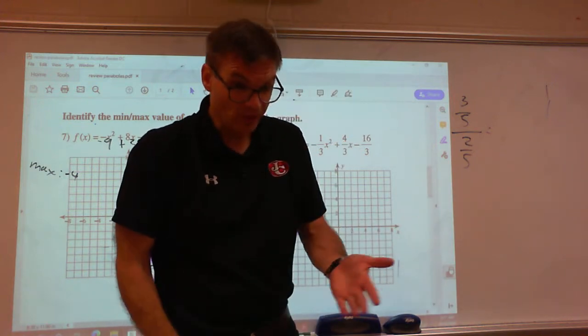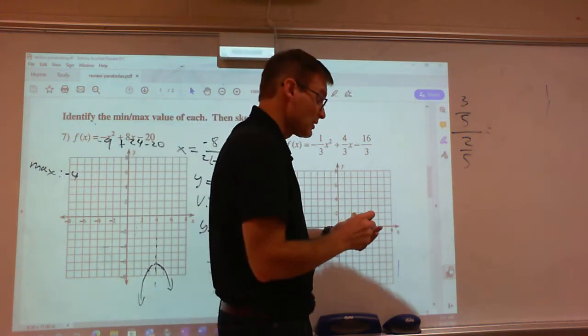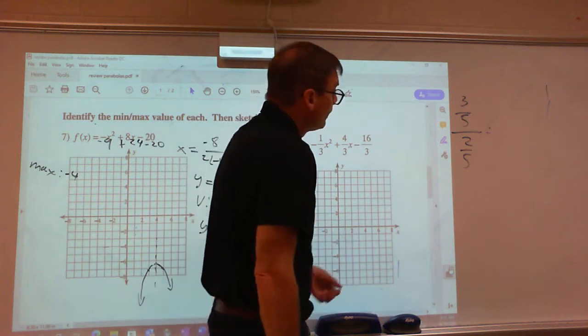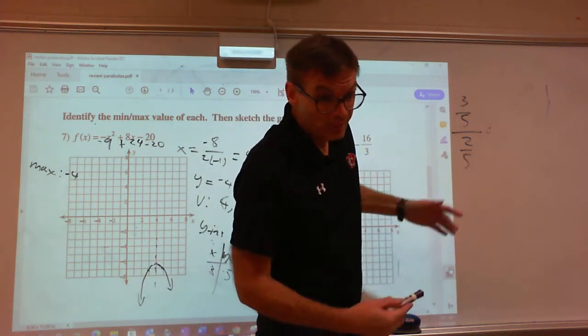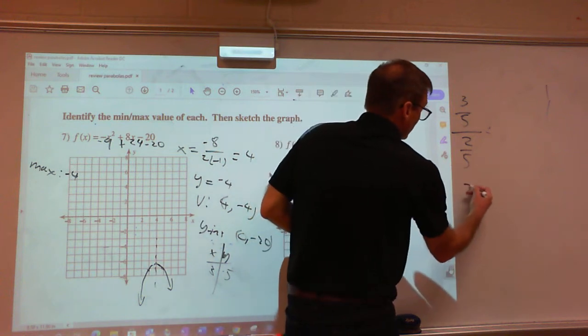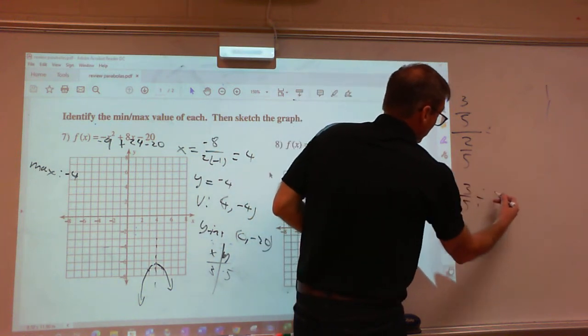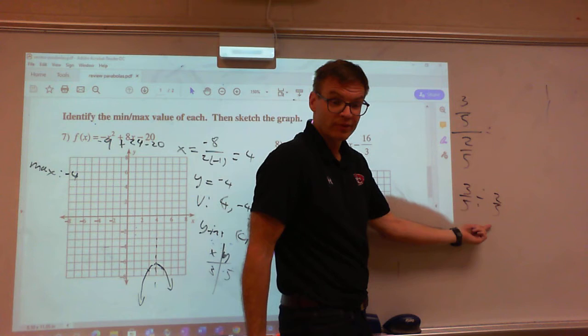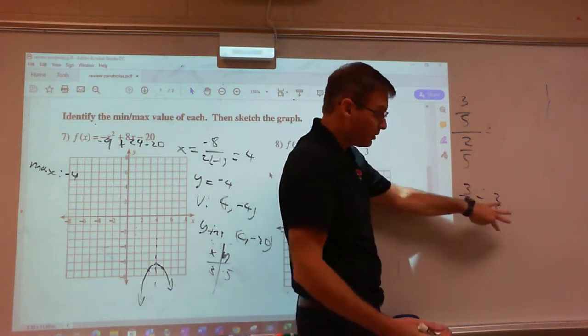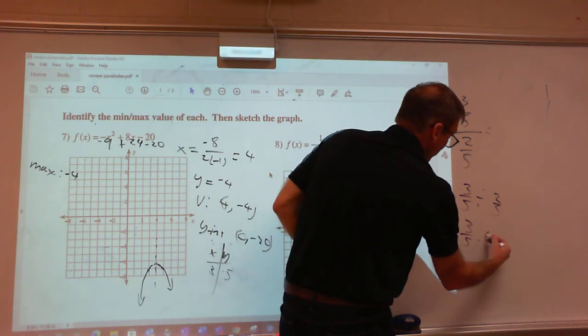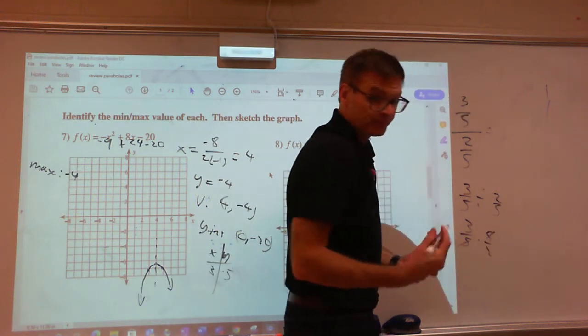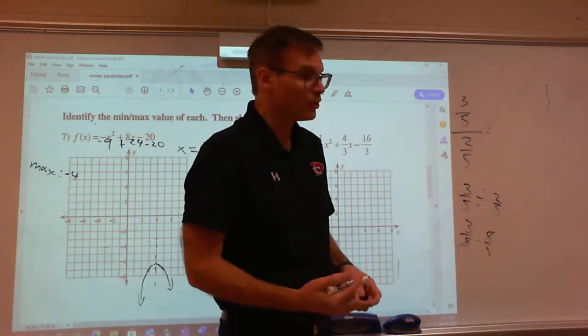Now, the official way of dealing with this is, anytime you see a fraction divided by a fraction, it means 3/5 divided by 2/5. I know how to handle that: keep, change, flip, or multiply by the reciprocal. So we end up with 3/5 times 5/2, and the 5's cancel, so our answer is just 3/2.